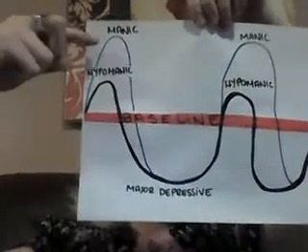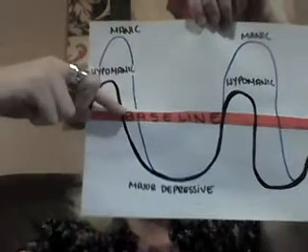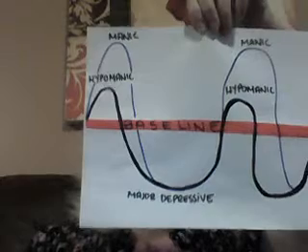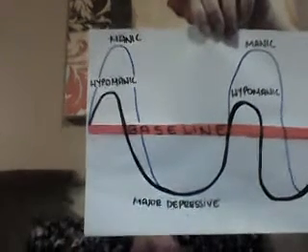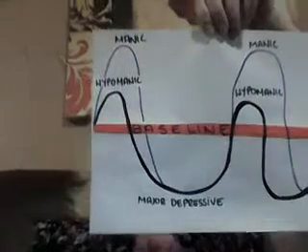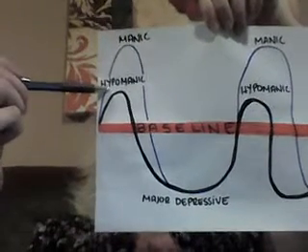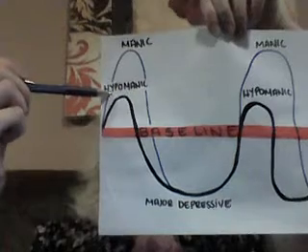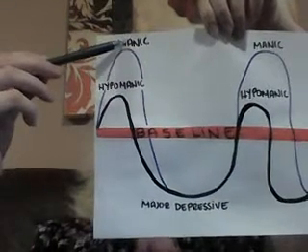So the blue would be bipolar 1, the black would be bipolar 2. Again, the difference is that in bipolar 1 you see a manic episode, where in bipolar 2 you only see a hypomanic one. Basically, in bipolar 1, when you experience the manic, you will more than likely have a psychosis or a hospitalization. Again, that's not really going to be defined by bipolar 2.